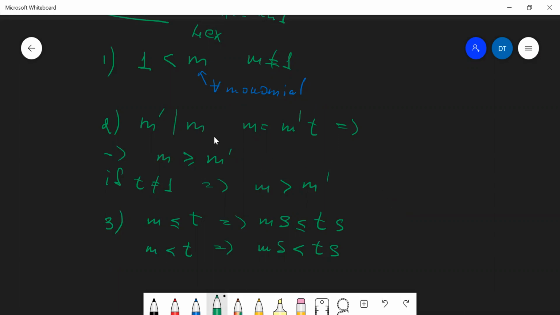I mean, there is a natural order on the set of monomials, the order of division. So we may say that m prime is smaller than m if m prime divides m. But this order is not linear. It's not a total ordering.